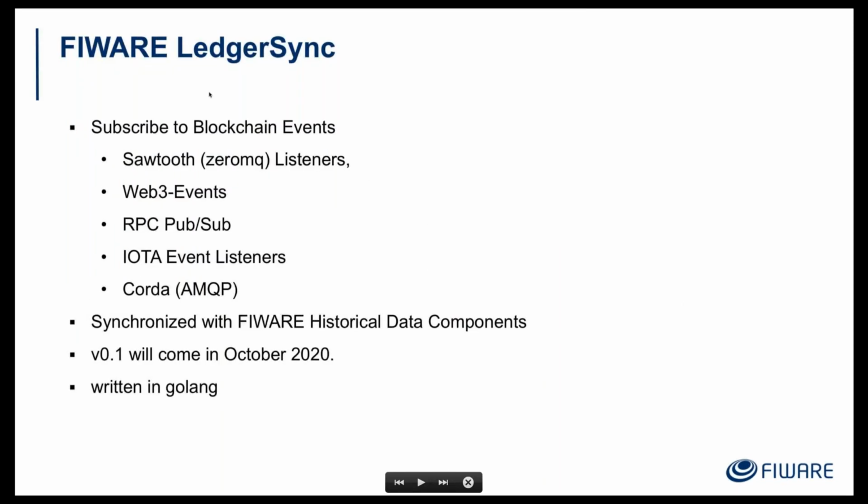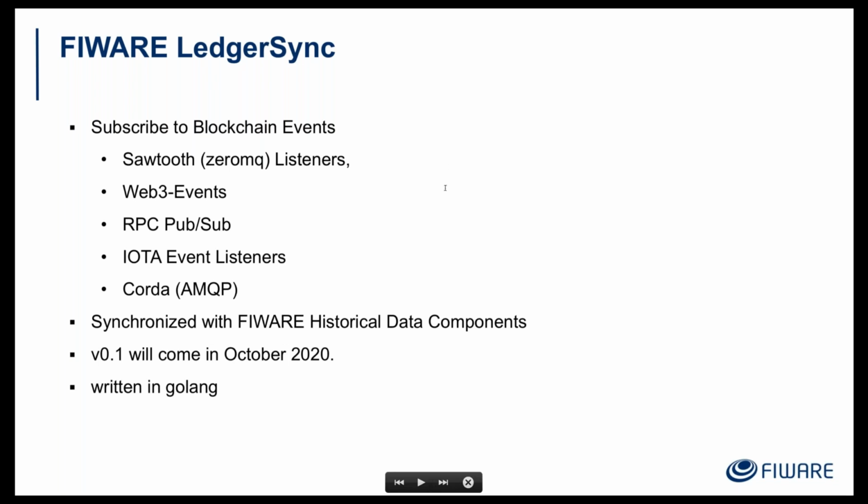About Ledger Sync, there are some event listeners being implemented in this component. For example, Sawtooth utilizes 0MQ, and for Ethereum there are Web3 events and RPC PubSub. Whenever these events are created on your blockchain, you simply mention in the configuration which kind of blockchain you are utilizing, and you will be able to see the log and the event.